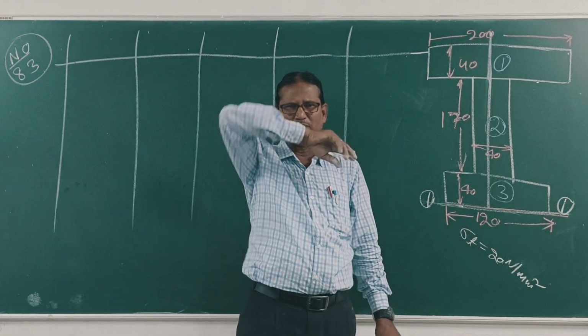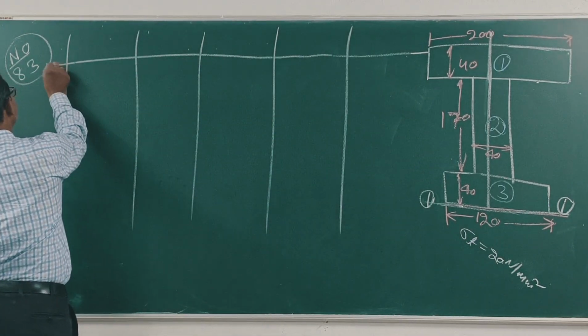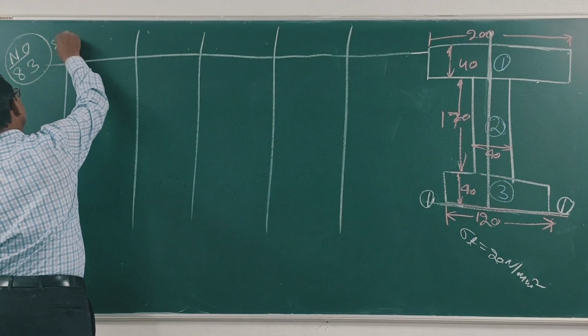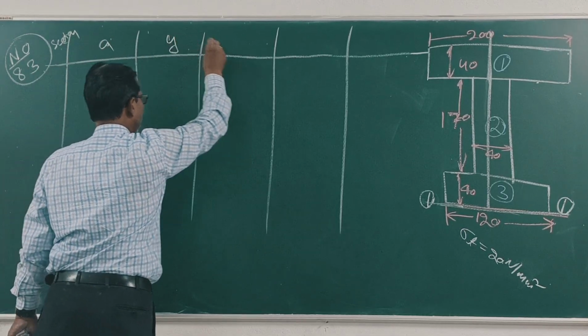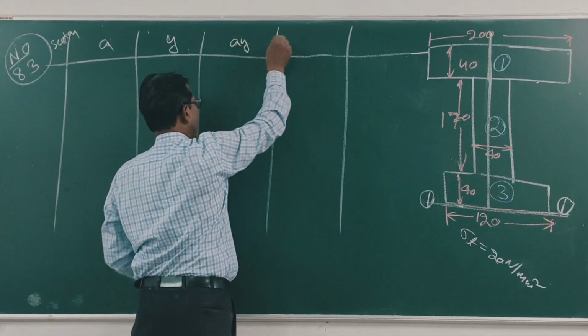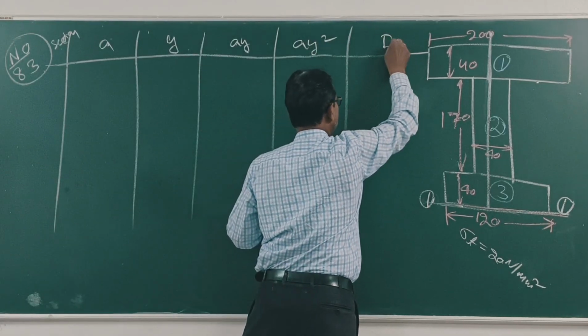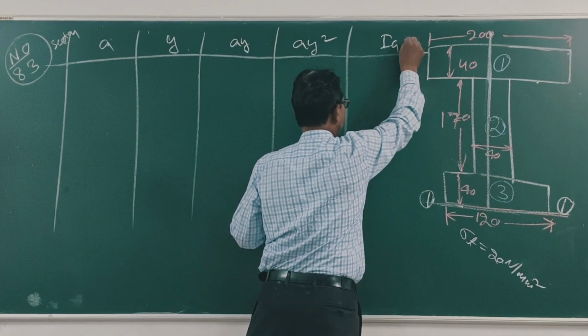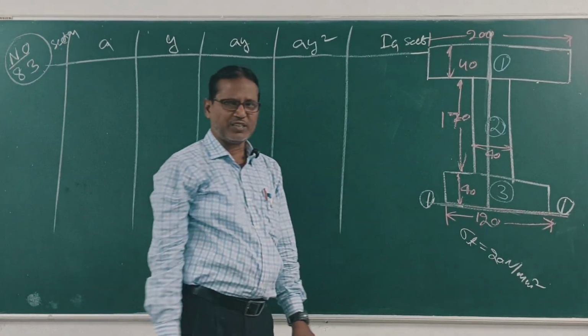Last class I have done this table. Section, area, y, ay square, Ig. Ig self means Ig1, Ig2, Ig3.